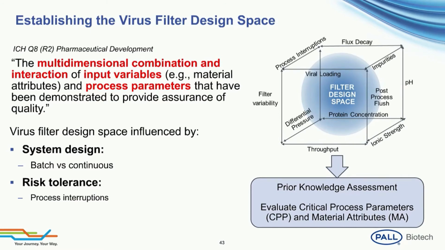The virus filter design space can be considered as a cube in which potentially impacting factors are assessed with upper and lower limits established. Within the cube would be the validated filter design space in which the end user can operate.